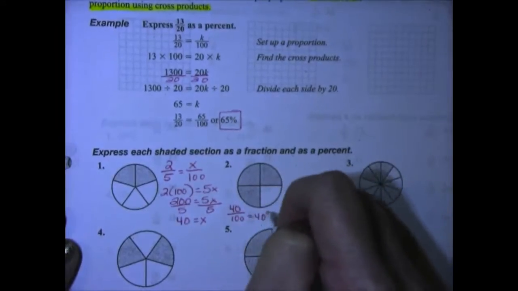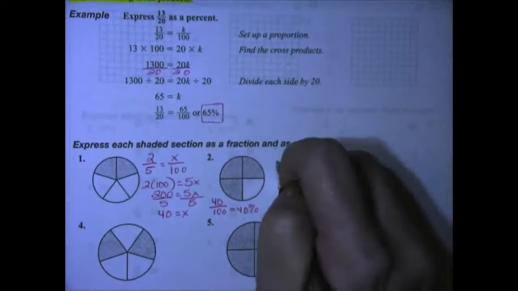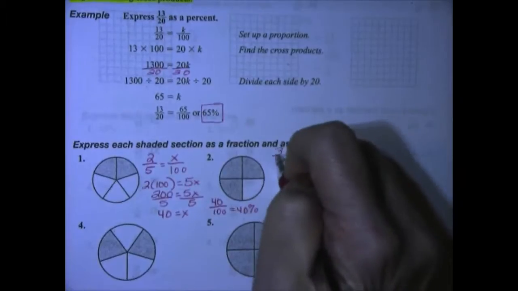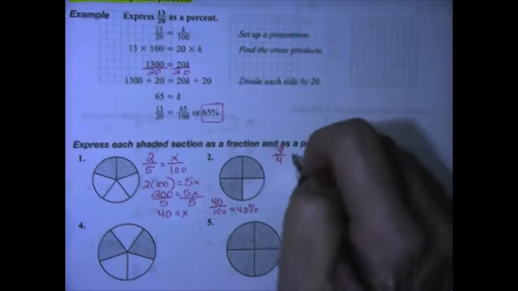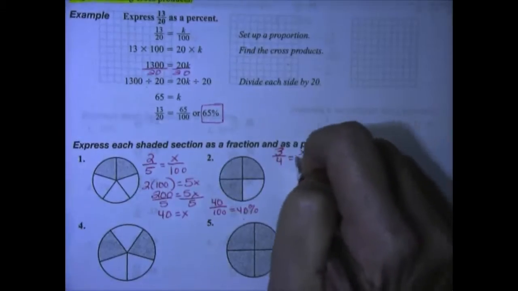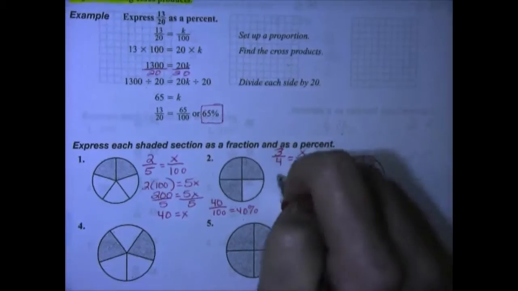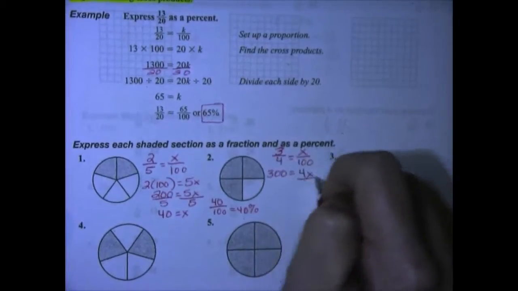So if it's 40 over 100, that equals 40%. So number 2, we have 4 sections. We have 3 shaded. And we should know right away that 3 over 4 is 75%. I mean, that's just something that you should already know. So let's go ahead and set it up and check it. So 3 over 4 equals x over 100. 300 equals 4x.